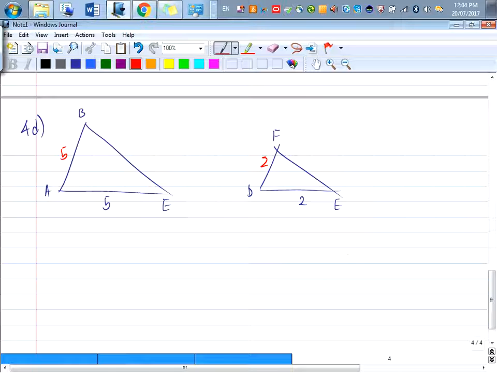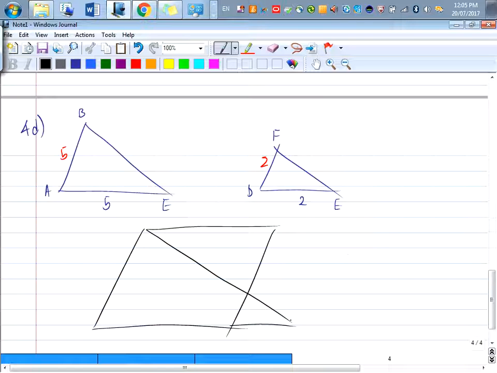Okay? Then I want the ratio of AD to DE. I want AB to CF. And we transfer all this information that we have back into the original diagram, which is like this. So original diagram, after you draw these 2 small triangles out by yourself, transfer your information back into the original diagram.